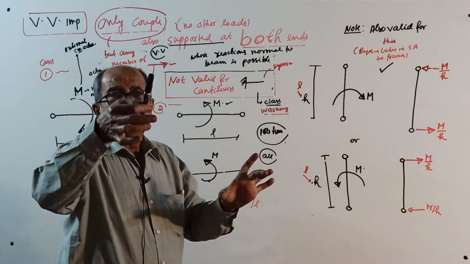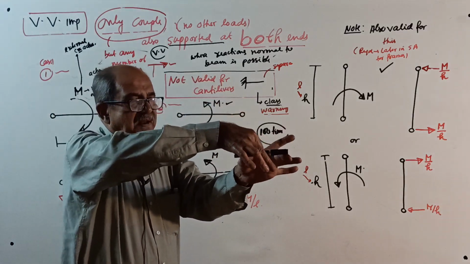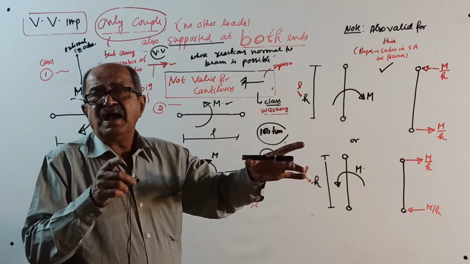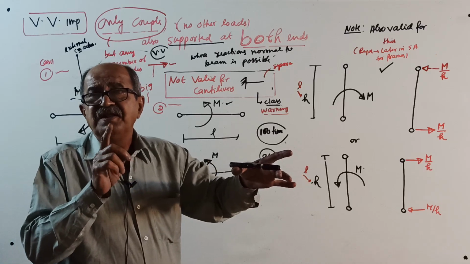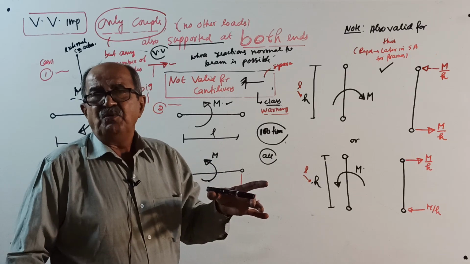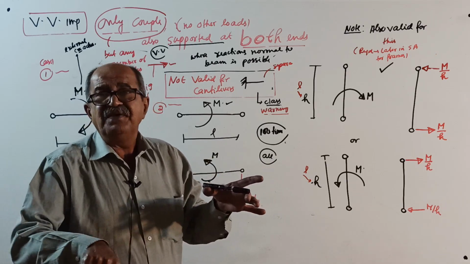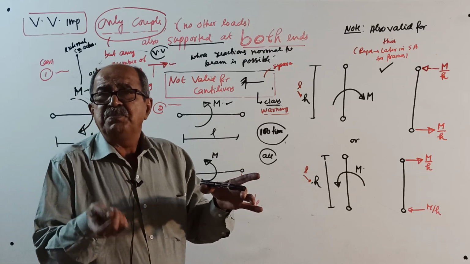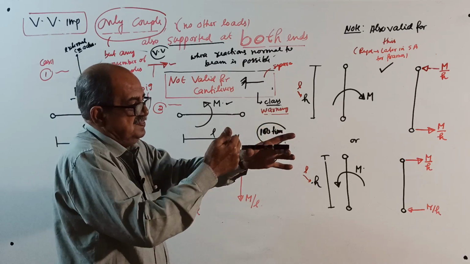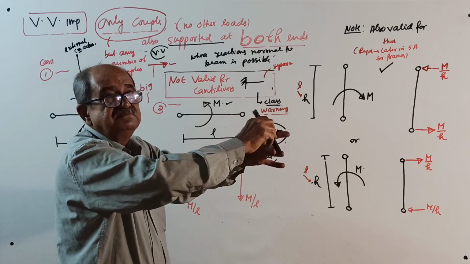Then, for those who find difficulty with all these things, what you do is, you take your pen, place it on the two fingers. Remember, reaction should prevent the displacement. Remember, this I told 1,000 times. When the action tries to displace, reaction should try to prevent it. See now, if I apply a clockwise couple, this side gets lifted.